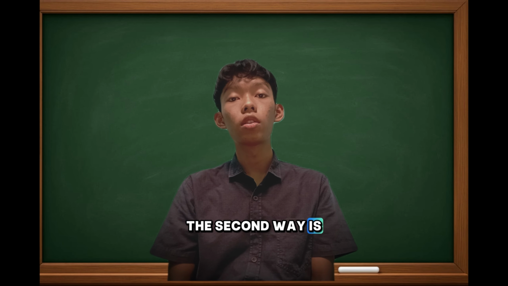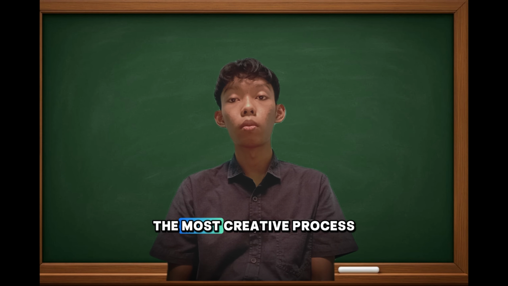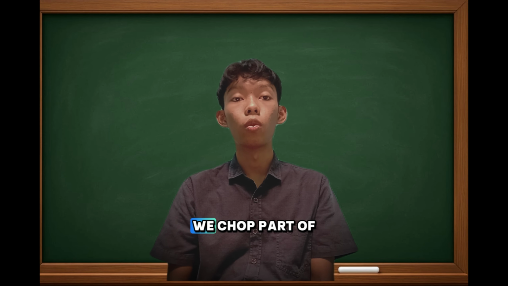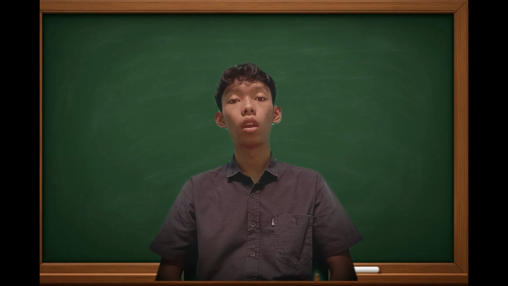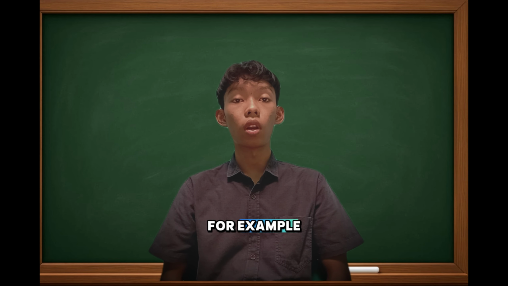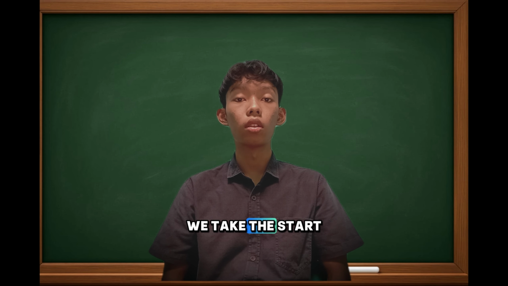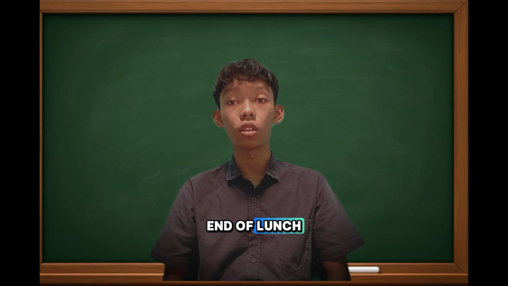The second way is blending. This is one of the most creative processes. We chop parts of the words before joining them, like a language smoothie. For example, we take the start of breakfast and the end of lunch.